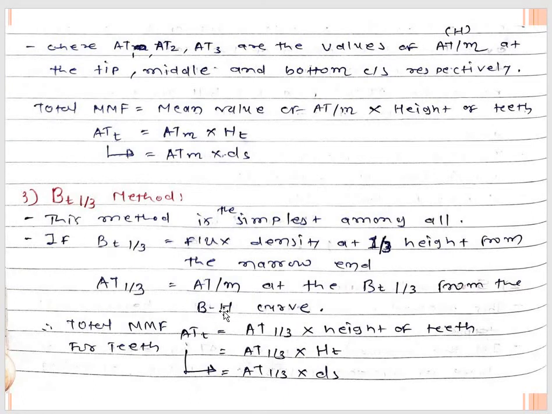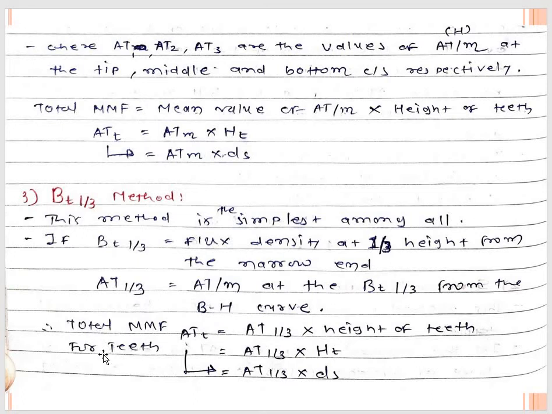Then ampere turn one third is given by the ampere turn per meter at BT one third from the BH curve. So from this value of BT one third, we have to find H one third, or ampere turn per meter at this point, from the BH curve.